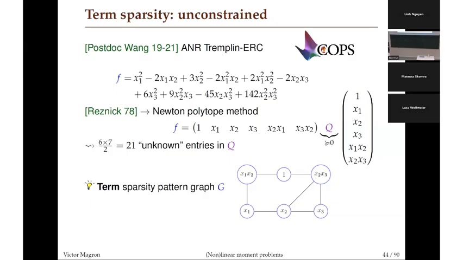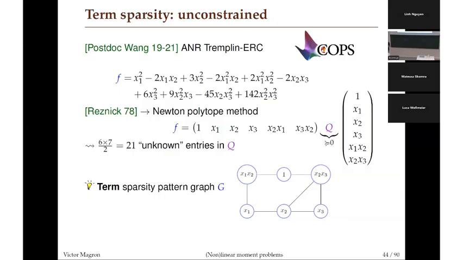You have 6 terms represented here. Then you draw an edge between 2 nodes if the product appears in F. For instance, there is no edge between 1 and x2 because x2 doesn't appear here as a term. But there is an edge between x1 x2 and x1 because the product x1 squared x2 is here.